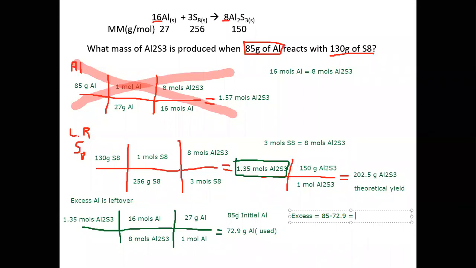And we get 12.1 grams of aluminum in excess. So once you do this reaction, you won't have enough aluminum to do another reaction of this. And so this is how much aluminum is left over. It's the excess reactant.